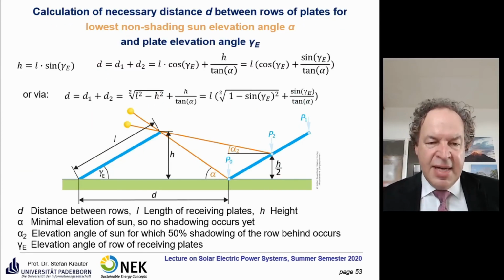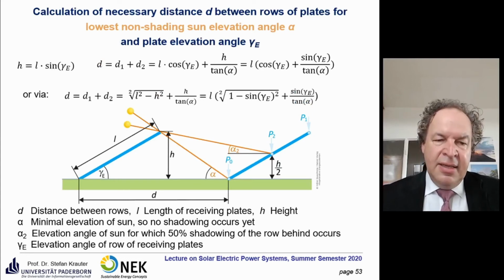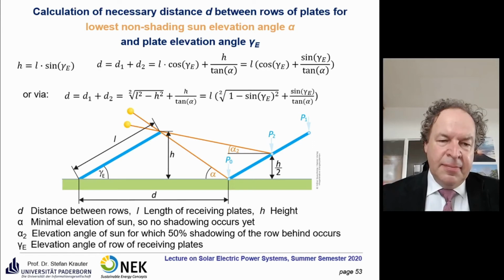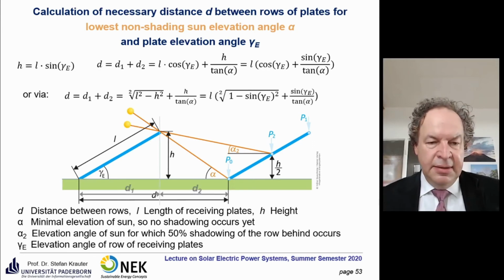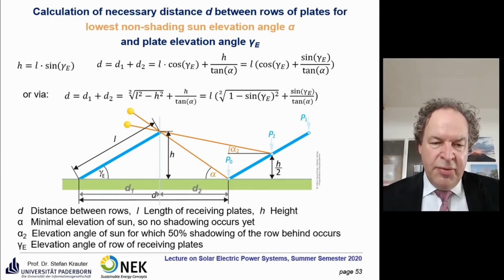So we have the height is L times the sine of the elevation angle. We split up the D into D1 and D2, so we have two triangles. The D1 triangle we can easily calculate: D1 is L times cosine of gamma E, the elevation angle of the module.